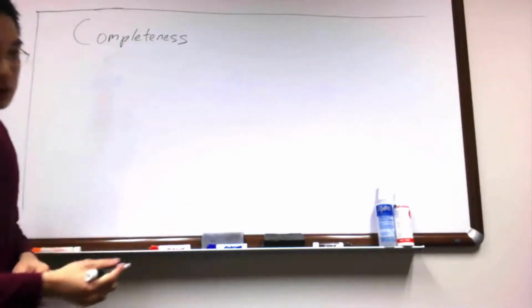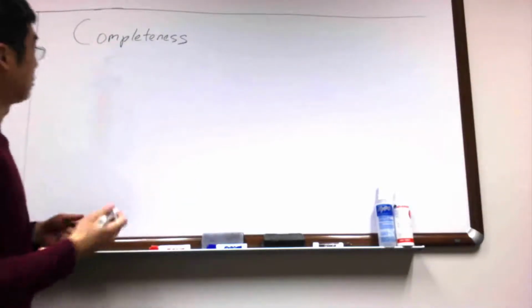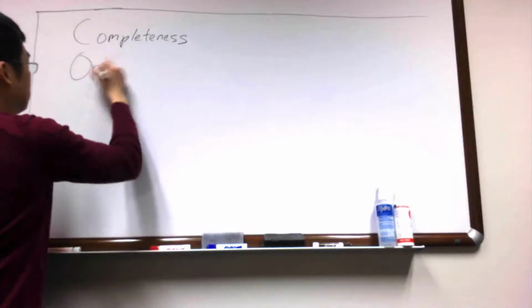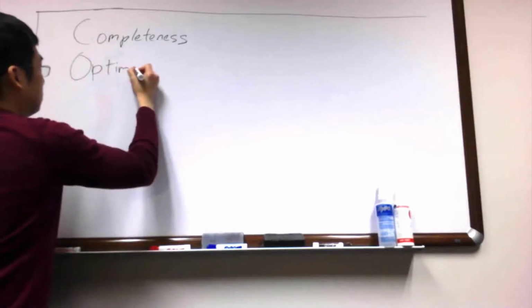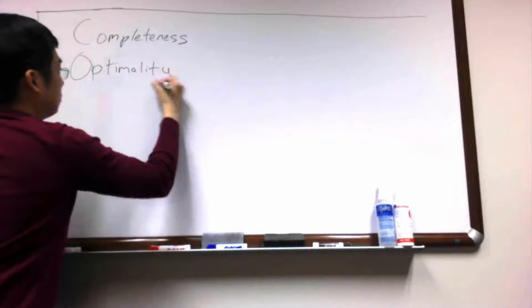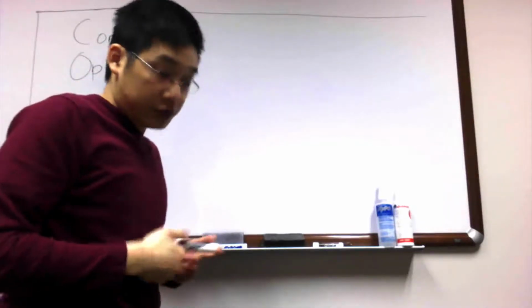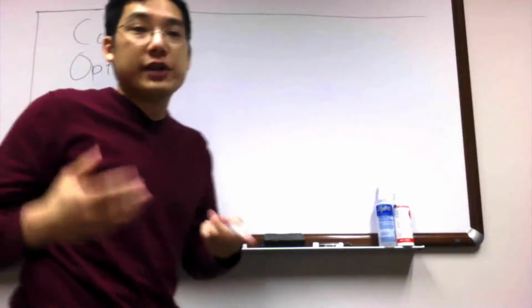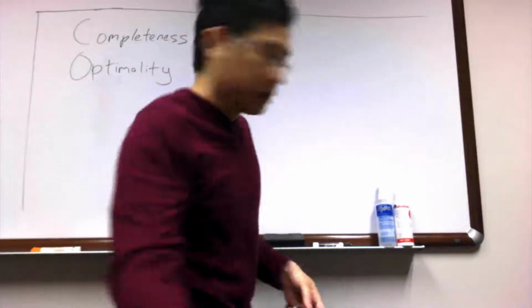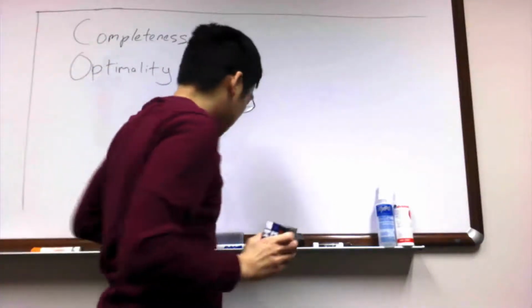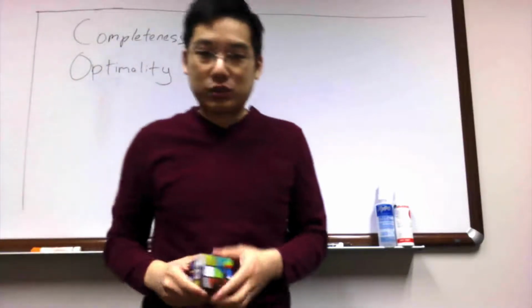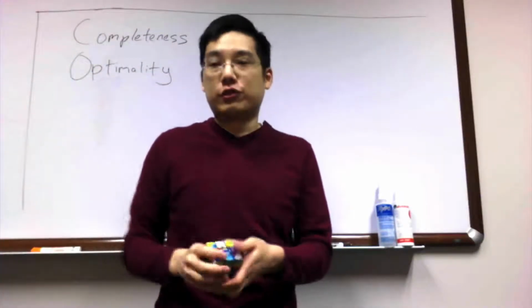Okay, the second quality we're going to want to see in search algorithms is optimality. Optimality means that the search algorithm will not just find a solution, but find the best solution. When you think about it, it'll either find the best solution or find the best path to the solution.